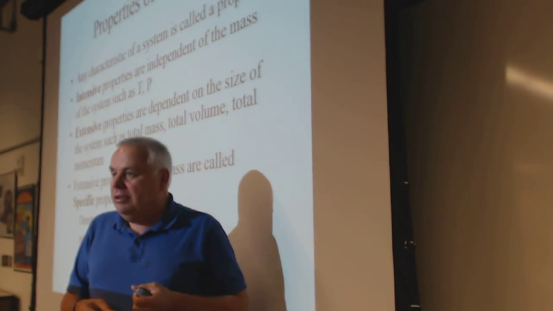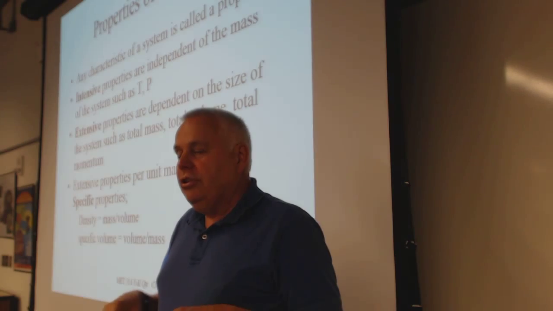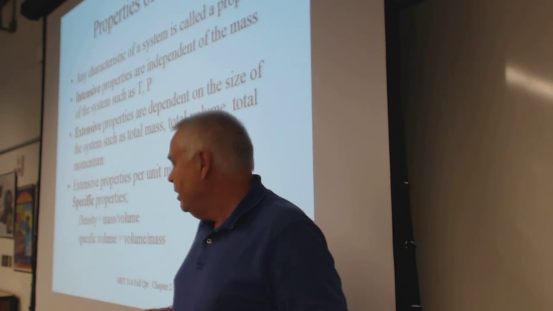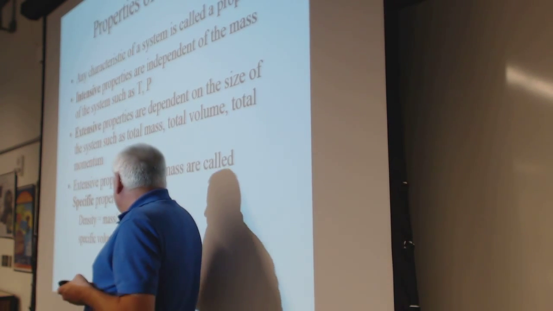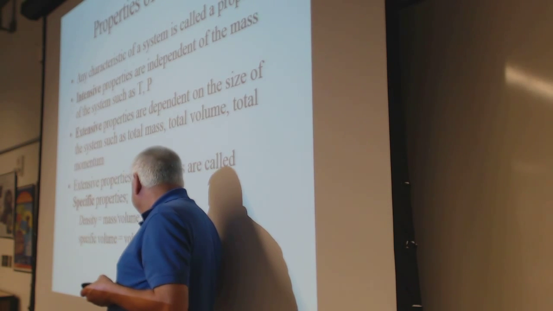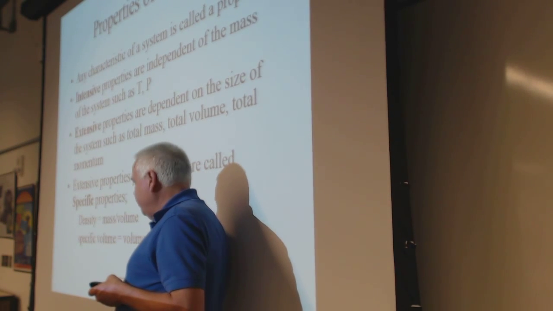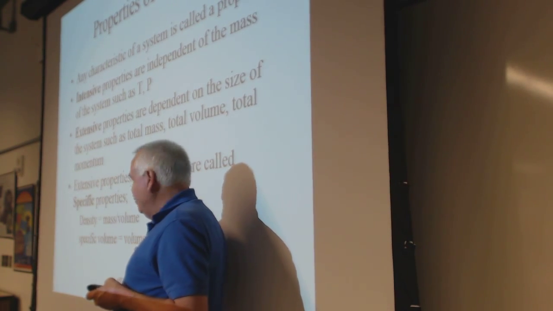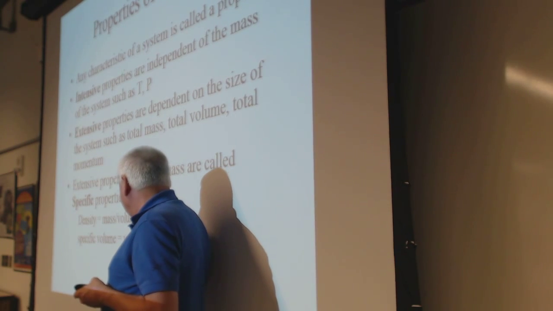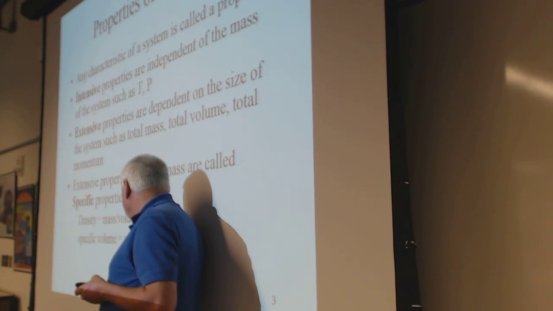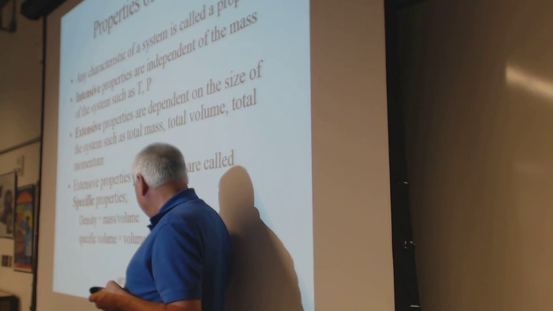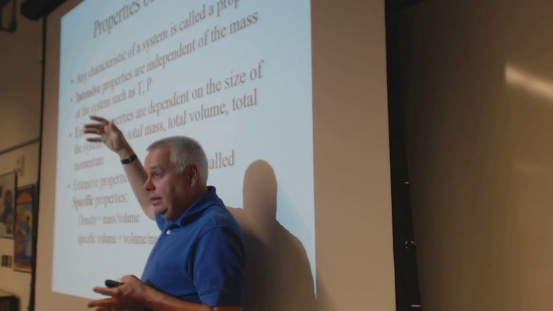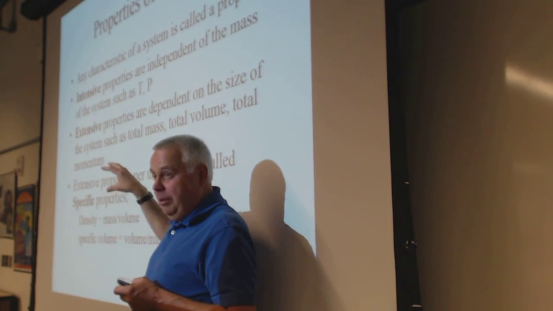We've dealt with density. In thermodynamics, we're going to turn that upside down, and we're going to say the volume divided by mass. How much volume per unit mass? Suddenly, if we do that, now the volume is per unit mass, and you multiply it times mass. You can scale it up and down, and it's not dependent on the mass.